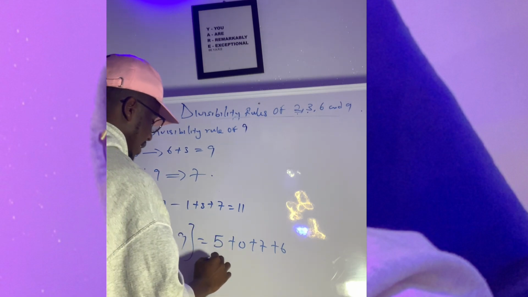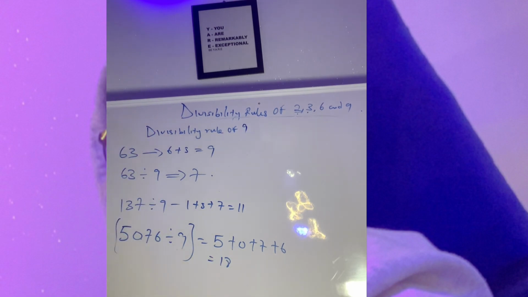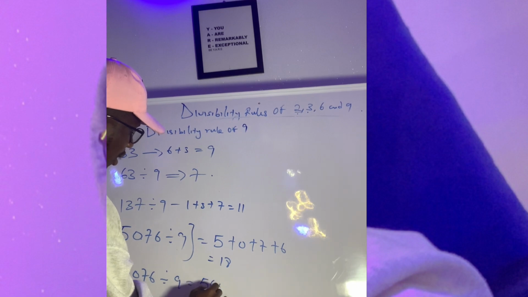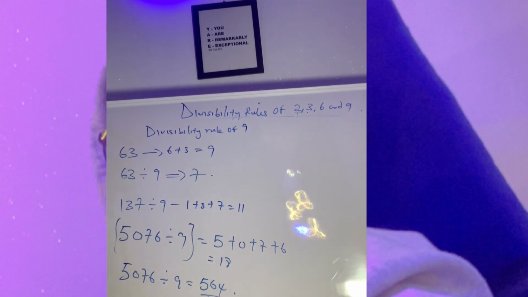So can 18 be divided by 9? Yes, 18 divided by 9 will give us 2. So that tells us that 5076 can be divided by 9. So 5076 divided by 9 will give us 564 as our answer. So this is very simple.